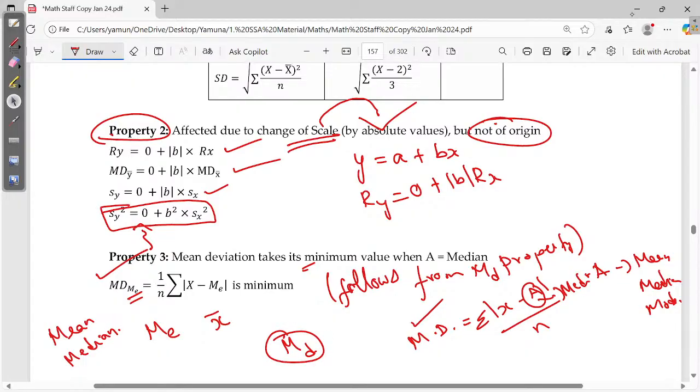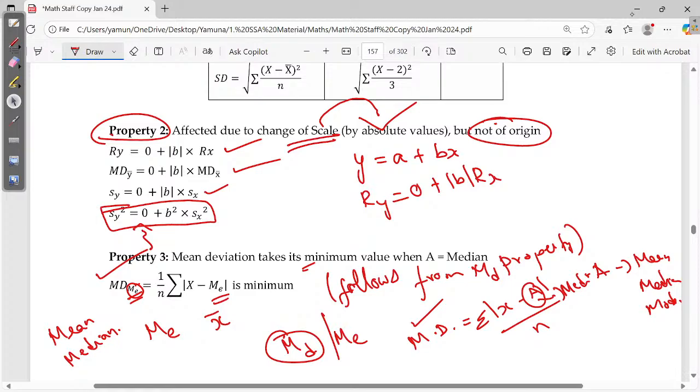There are many books, many authors where they use MD for median and some authors use ME for median. Whatever it is, the abbreviation will be given in the question paper. So here, mean deviation ME is written, we'll take it as median. So this is property 3.